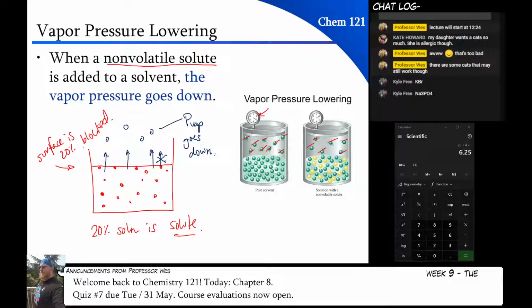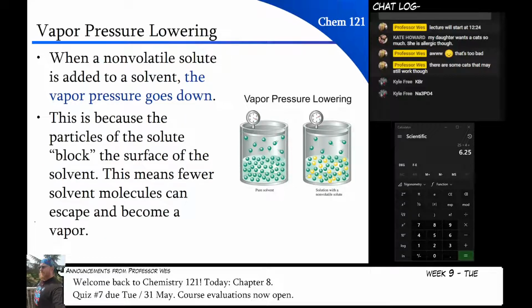If you could cover it 100% of the way, nothing would get through, right? If you cover it 50% of the way, half of it would go through, and so on. So if you wanted to calculate the vapor pressure, you could, but we'll leave that to engineering. All we really care about is that the vapor pressure of a solution decreases when you add solutes to it.